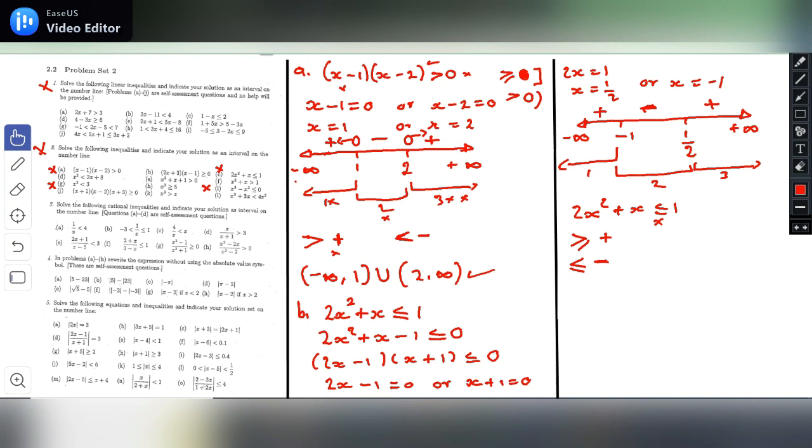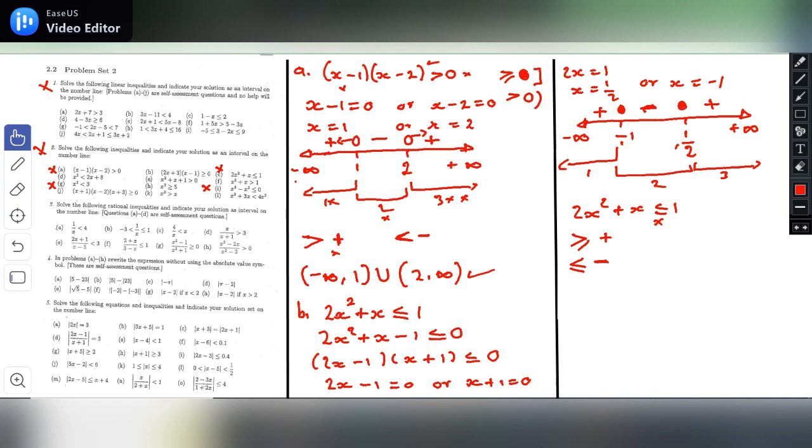So when we check the interval, the negative sign is between -1 and 1 over 2. So it means we're going to use those values. And because we have less than or equal to, it means the circles we need to shade them, right?